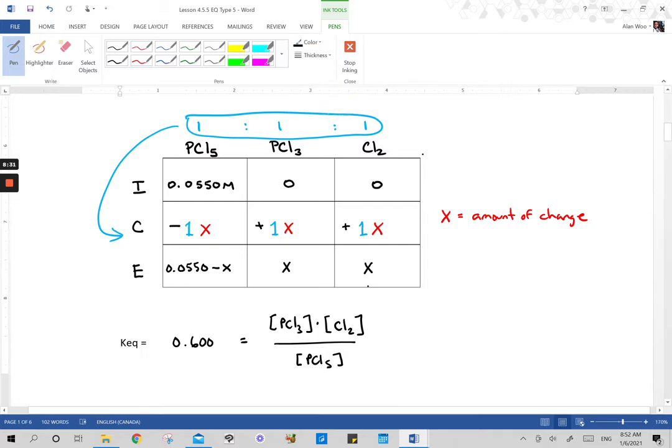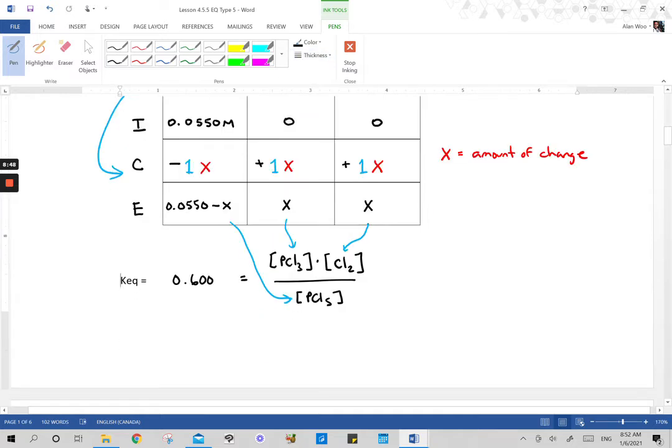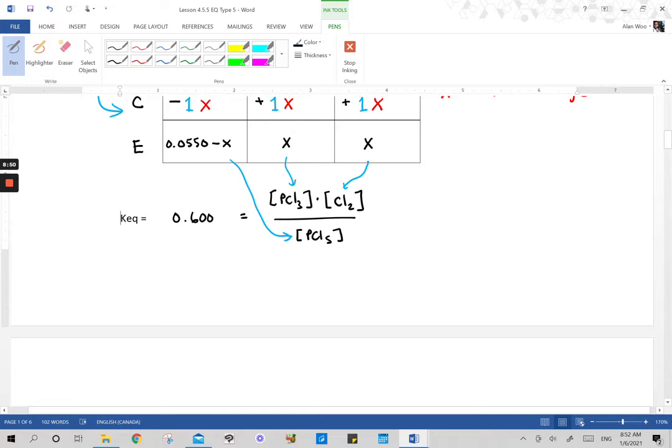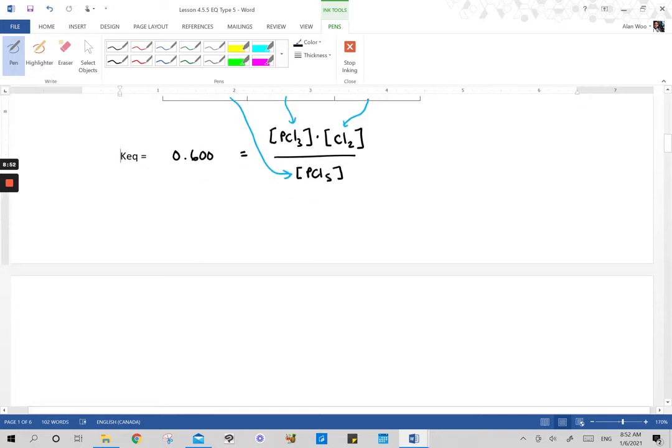So at this stage, again, nothing new. We're just going to substitute the equilibrium concentrations into the expression. Okay. So when we substitute it in, I'll just go one more down. The problem now looks like this.